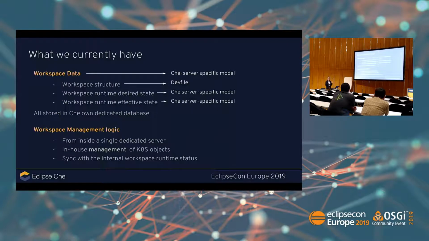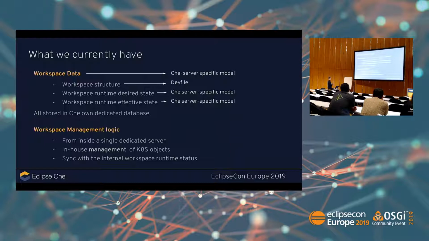So what does it mean in terms of Che? Currently, workspace data is a Che server specific model. The workspace structure is the Devfile, as I showed. But the runtime desired state and runtime effective state are stored inside the Che server application, with an internal Che server specific model and inside a Postgres database.